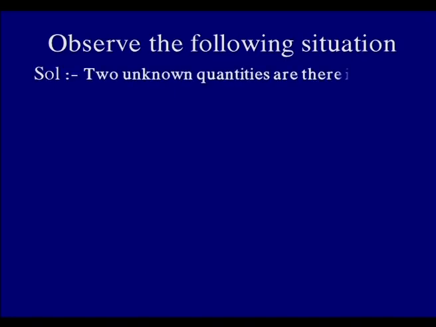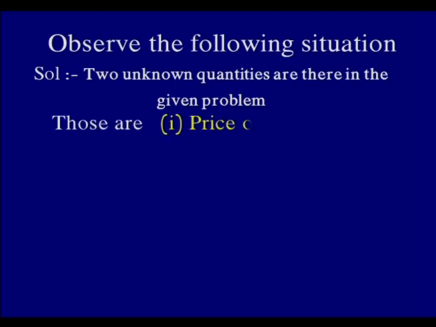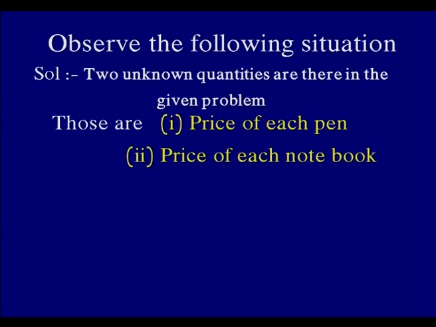Solution. In this problem, there are two unknown quantities. In the previous problems, there was only one unknown quantity in each, but in this problem there are two unknown quantities. Those are the price of each pen, which we do not know, and the price of each notebook.